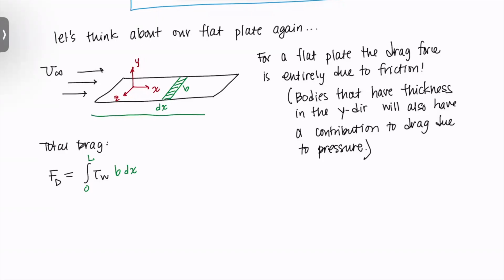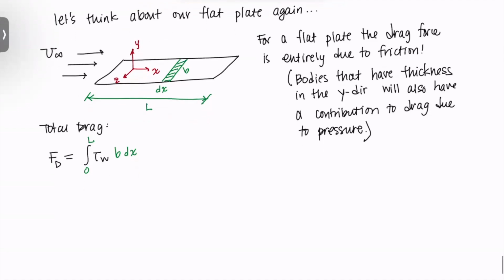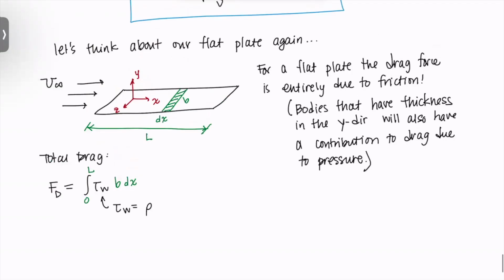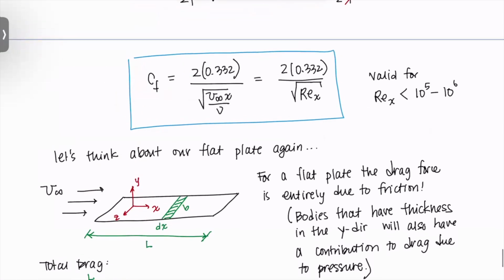So this dimension is L. All right. Okay, so I'm going to substitute in here my expression for tau W, which is just rho.